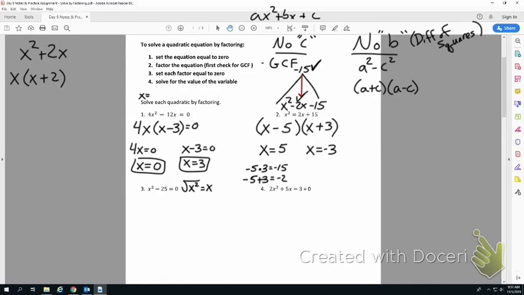X. What is the square root of 25? 5. So my c is 5, and I'm going to have one plus and one minus. Difference of squares. Square root both of them. A plus c, a minus c. So that x minus 5 gives me positive 5. X plus 5 gives me negative 5.